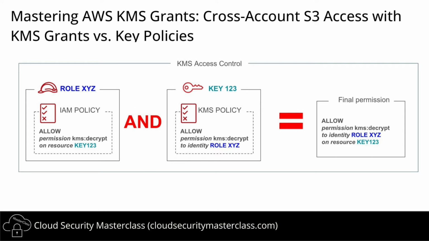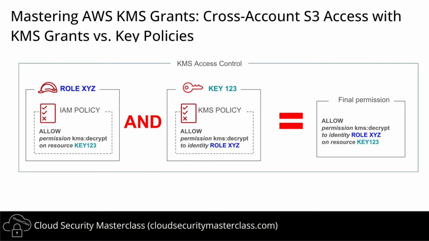The IAM policy in this diagram, which is attached to role XYZ, needs to provide KMS decrypt on KMS key 123, and the resource policy attached to key 123 also needs to provide KMS decrypt to identity role XYZ in order for the final permission of KMS decrypt to be allowed for that role and key, right? So both permissions need to be provided in the IAM policy as well as the KMS key policy.